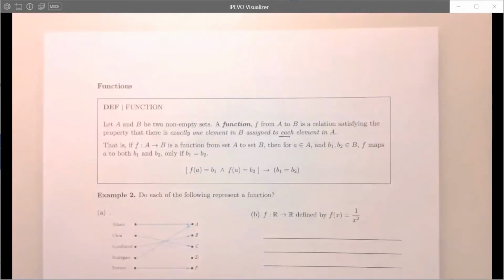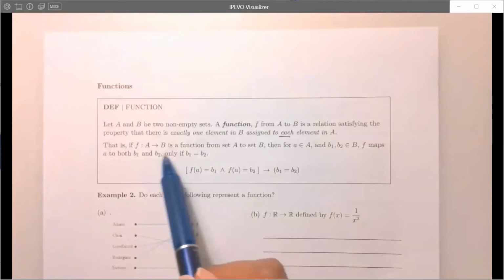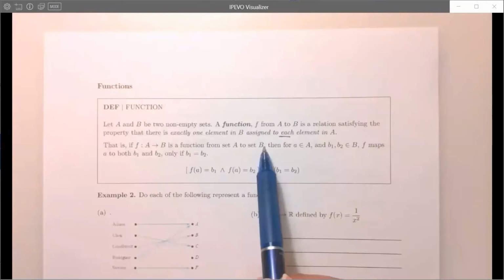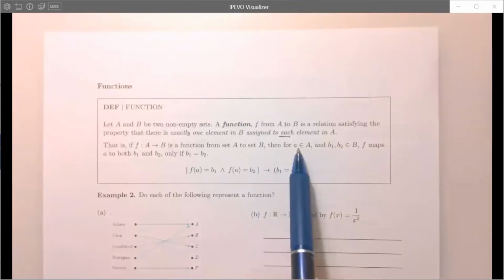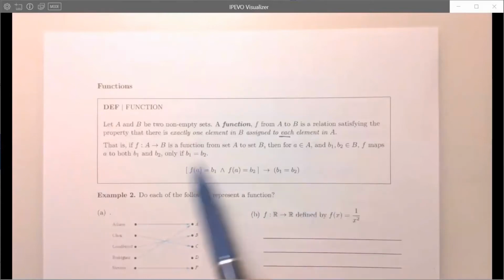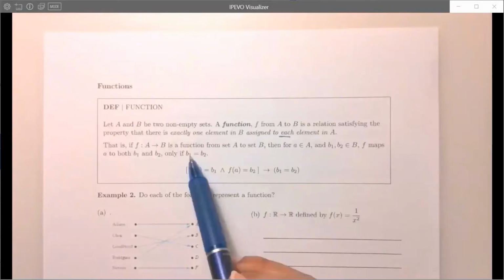A function f from A to B is a relation satisfying the property that there is exactly one element of B assigned to each element in A. That is, if f is a function from A to B, and this is the notation that is usually adopted, then for an element a in A and two elements b1 and b2 in B, we say that f maps a to both b1 and b2 only if b1 equals b2.